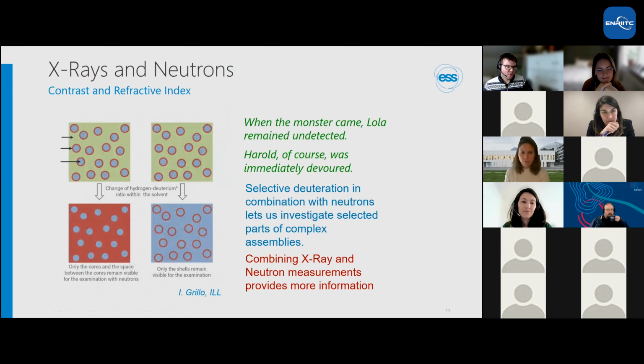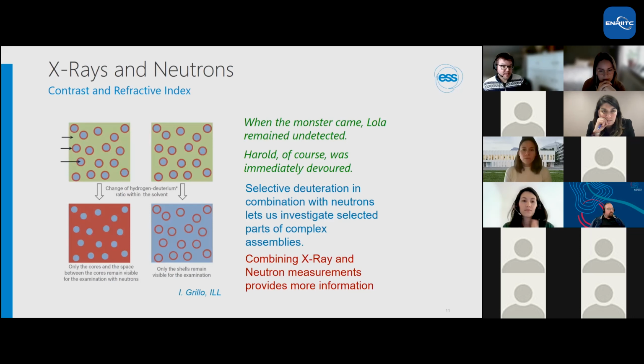And this is now depicted as a more practical microscopic example using emulsion as an example. Let's say we have emulsion droplets in blue, suspended in a red emulsifier in a green solvent. And what we can do now, by changing the hydrogen-deuterium ratio in that solvent, is to make that solvent effectively red. So it has the same neutron refractive index as the emulsifier.